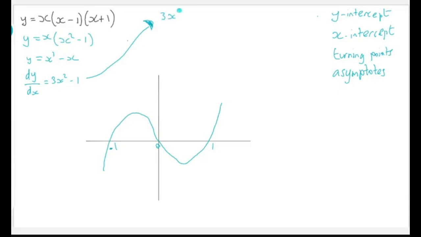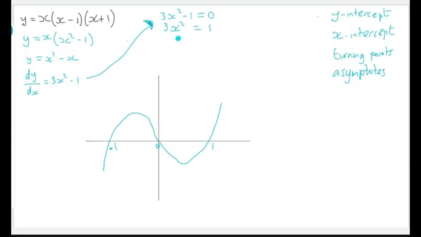So we say 3x squared minus 1 equals 0. And then 1 equals 3x squared, and then you can't square root 1, can you? Well, before doing any square roots or anything, we need to do something else.